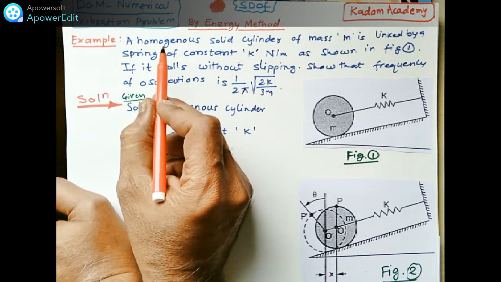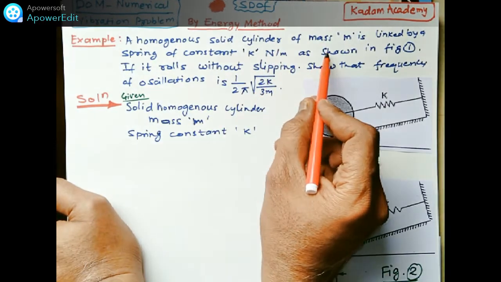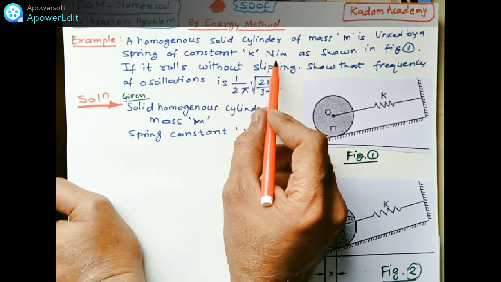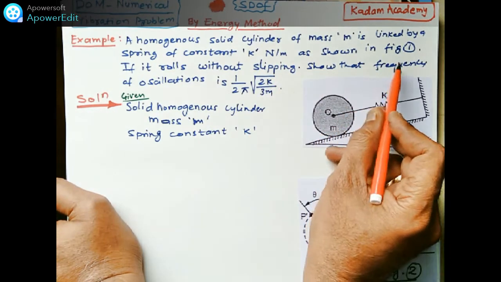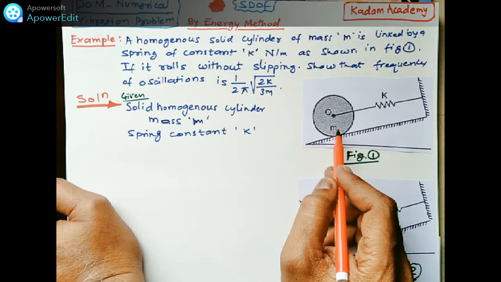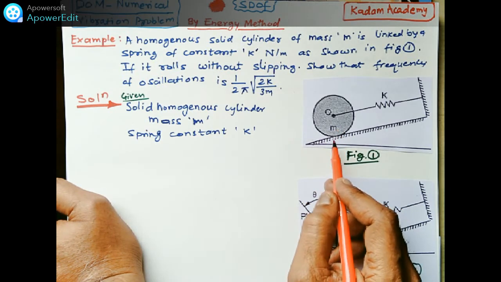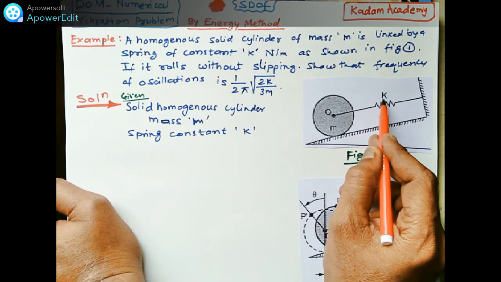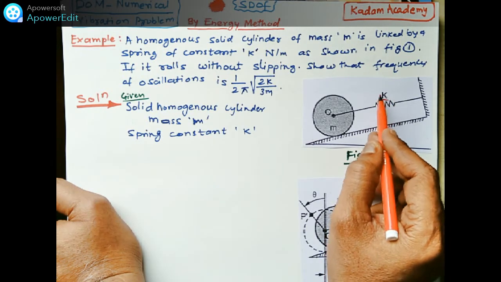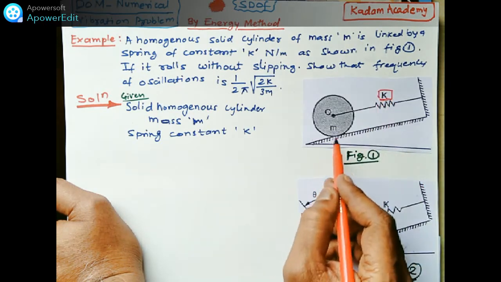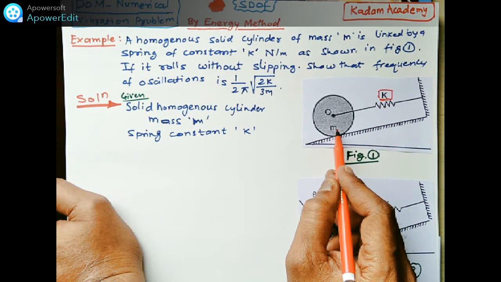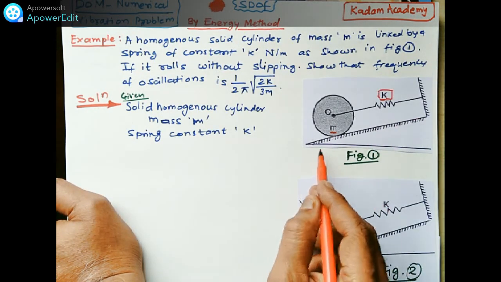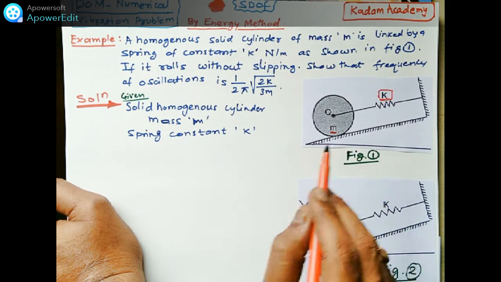A homogeneous solid cylinder of mass m is linked by a spring of constant K newton per meter, as shown in figure 1. This is the homogeneous cylinder linked by a spring with stiffness K. This cylinder has mass m, and it is kept on an inclined surface.